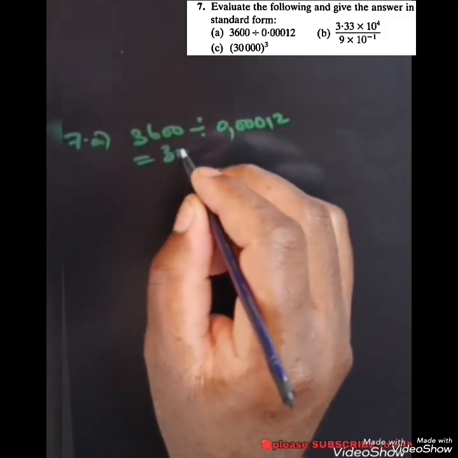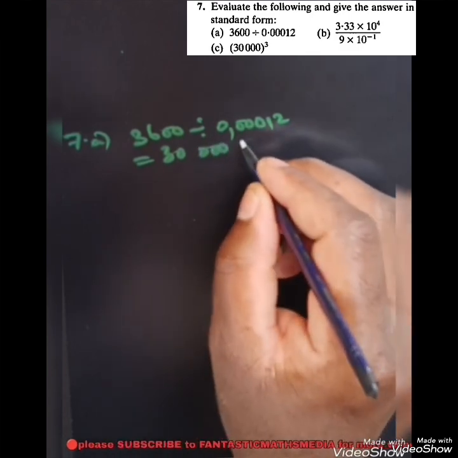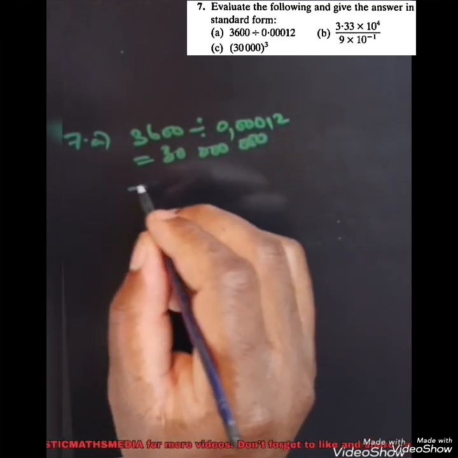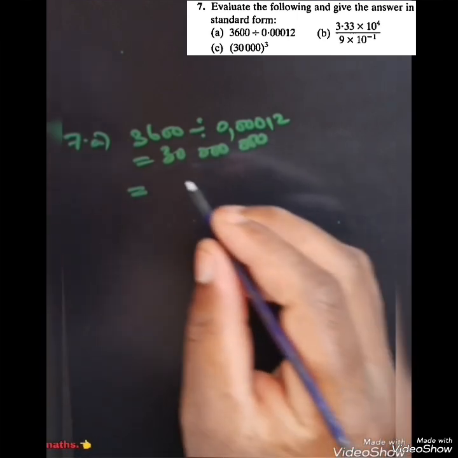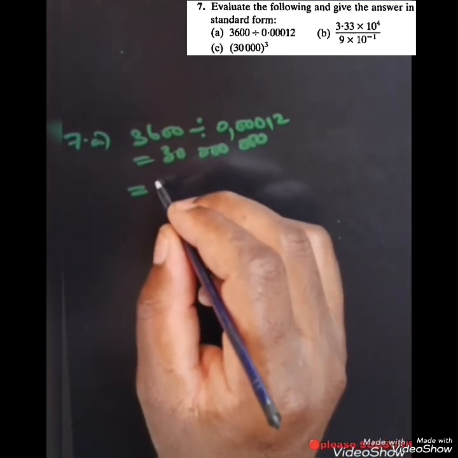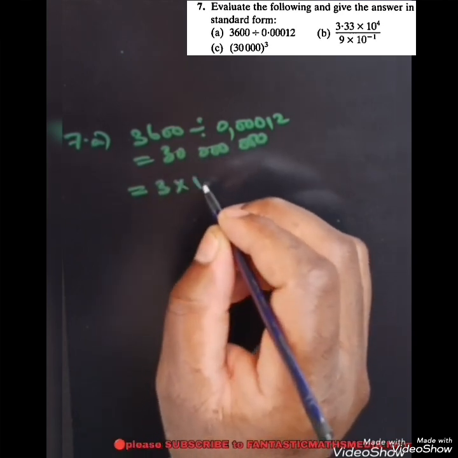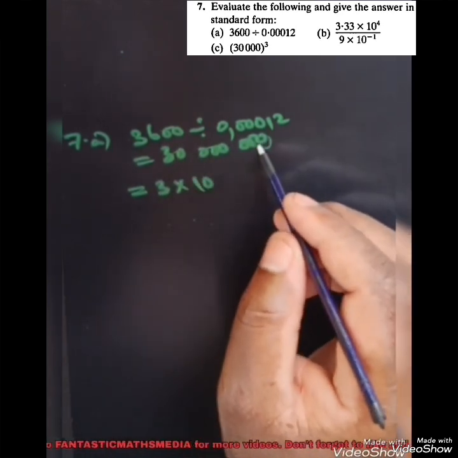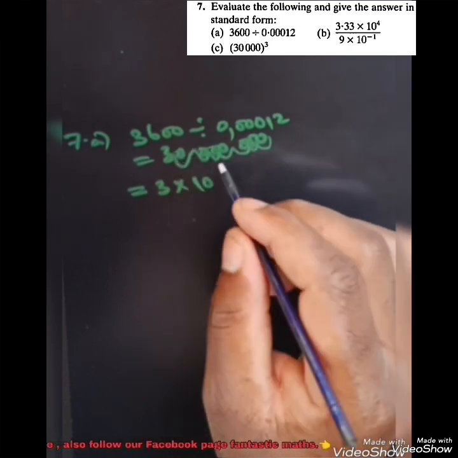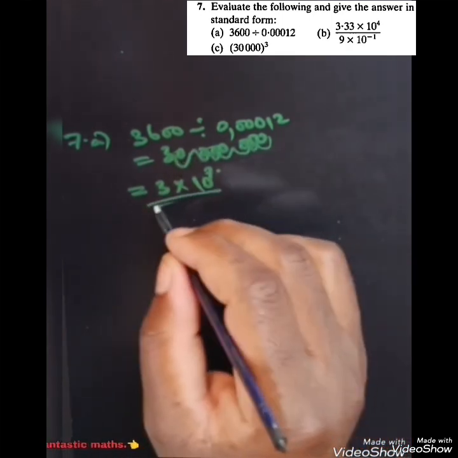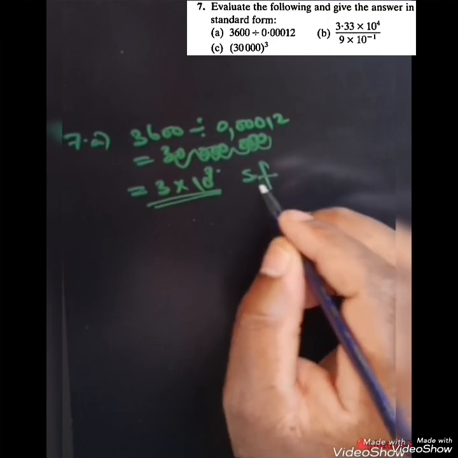Our answer is 30 million. Then we need to convert 30 million to standard form. Then we are going to say 3 times 10 to the power 7. We count the number of places the comma moved, the power 7. Okay, this is part A.